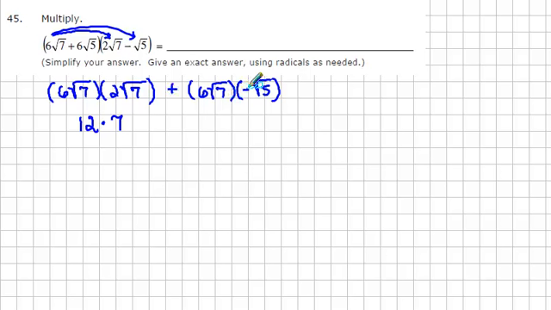Well, 6 times negative 1 is negative 6, and the square root of 7 times the square root of 5 is the square root of 35.